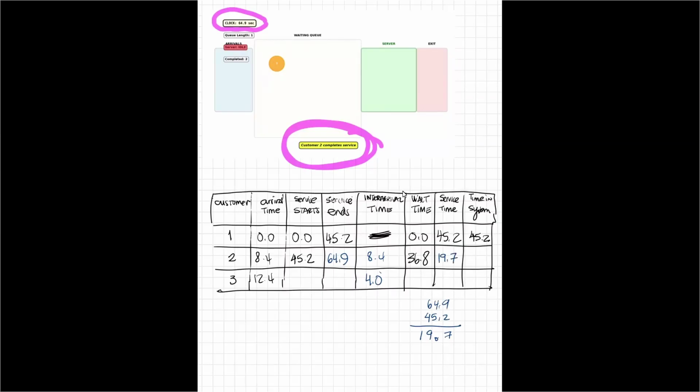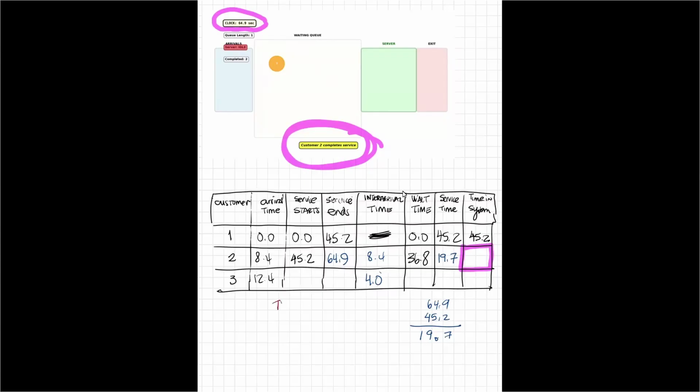Can we please calculate the time in the system? Okay, let's calculate the time in the system for this customer. What time are we leaving at? 64.9.